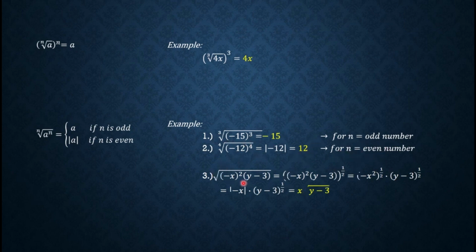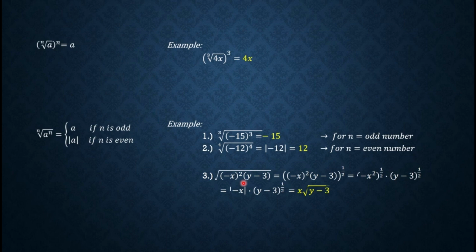Another example, square root of quantity of -x to the power 2 times y minus 3 is equal to the quantity of -x to the power 2 times the y minus 3 to the power 1/2.